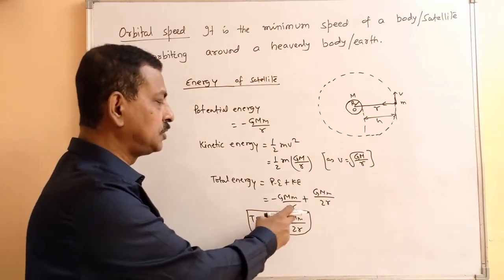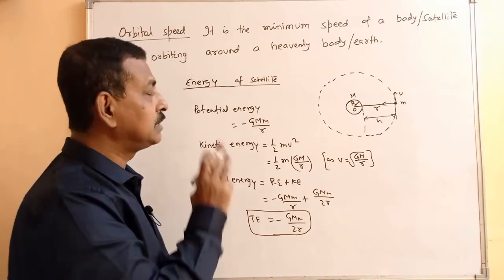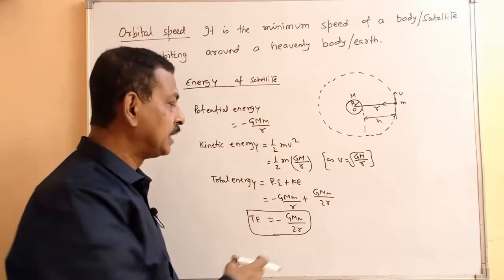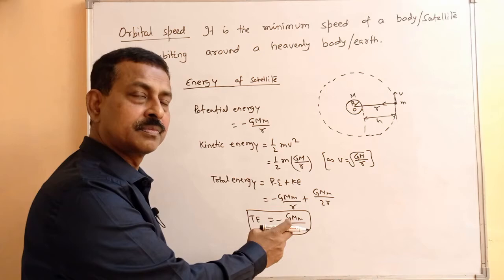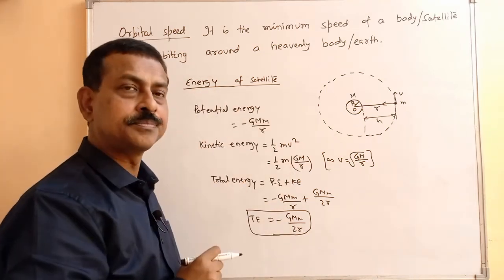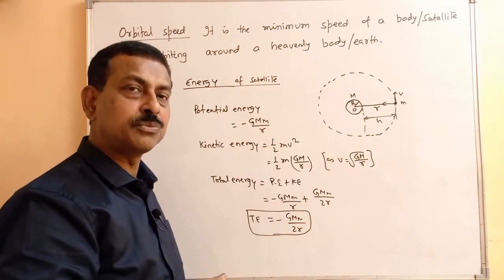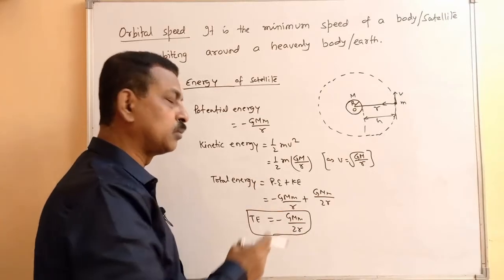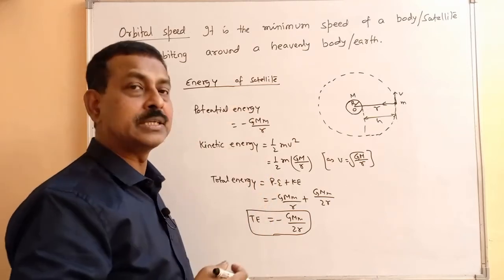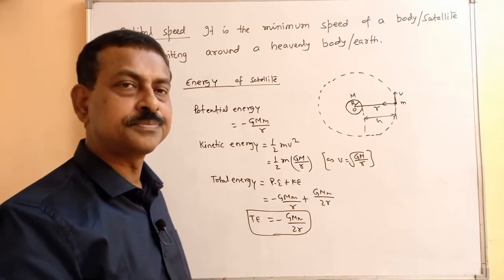The negative sign indicates that the satellite, while being in its particular orbit, has lost energy. Its energy is this much less. That is why it is orbiting. If you want to make it free so that it goes out of the gravitational field, you need to supply this much energy so that its total energy will be 0, and then it will be at infinite distance and will not experience any gravitational force.